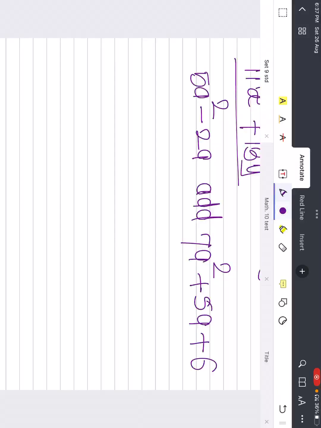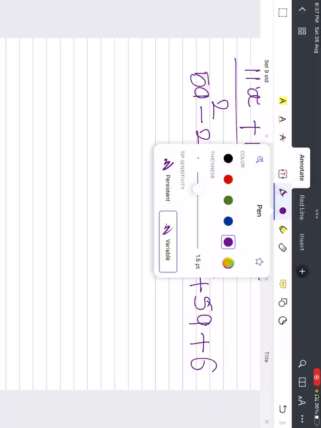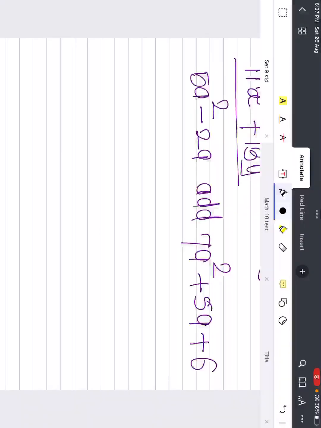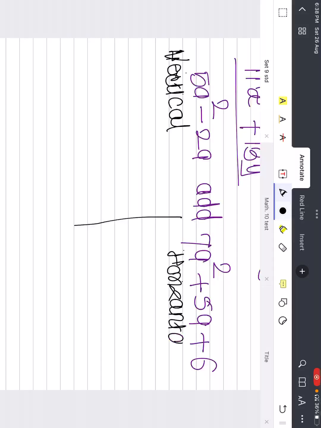As usual, the like term will add with the like term. So 5a square will add with 7a square. Now we will go by two different methods. One is the vertical method, the second one we call the horizontal method or linear method.